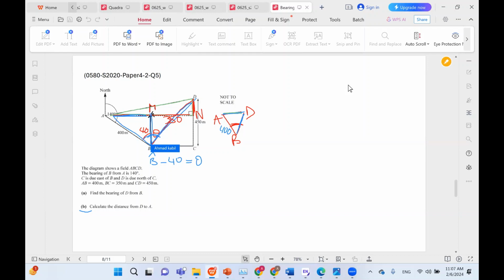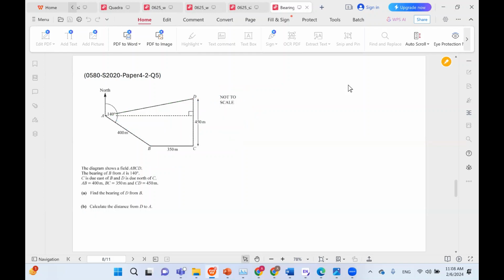After getting AM, we also got BM, and then we were able to get this side by just doing 450 minus BM. This is the main logic of the question. Having obtained all the sides, we were able to get AD, which is colored in green, and then we applied the cosine rule to get angle B.